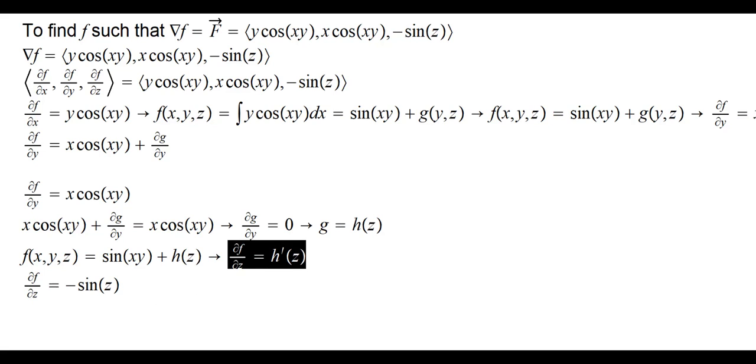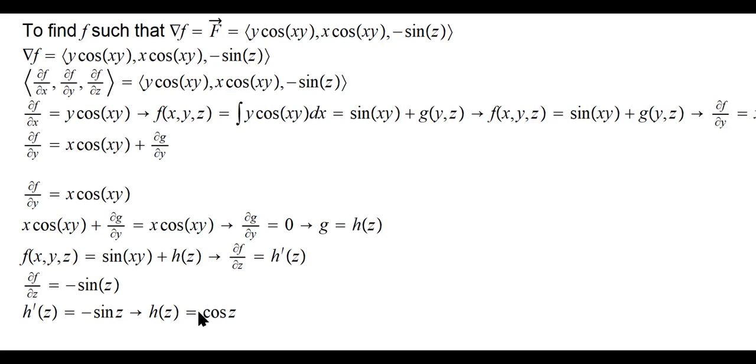So if I compare these two, then what that indicates is that h prime of z is negative sine z. So if we obtain our h(z), then we just have to take the antiderivative of negative sine of z, and that would be cosine z, and then plus an arbitrary constant.